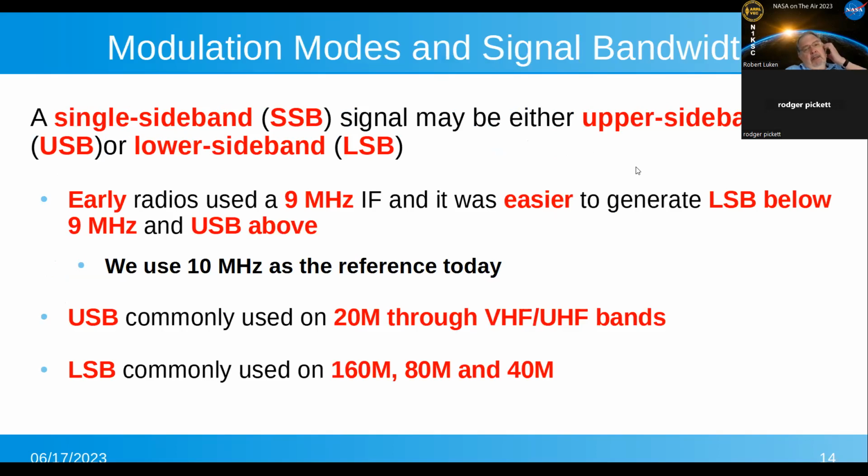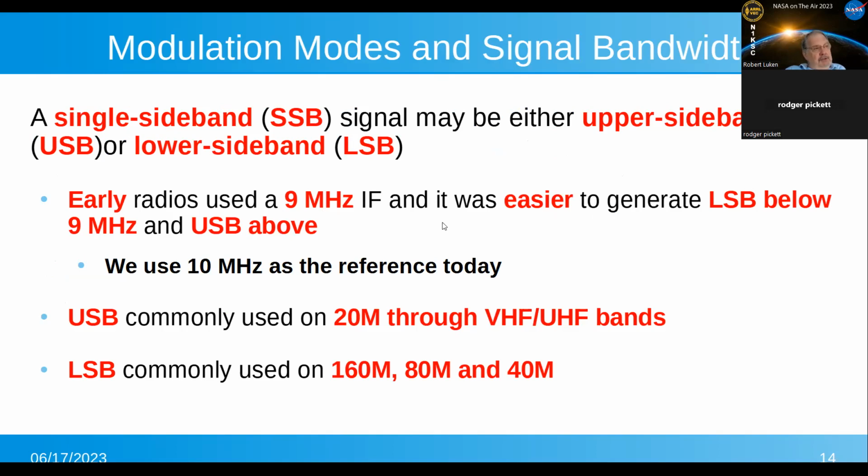Okay, single sideband can be upper or lower. When they first started, they tended to use a 9 megahertz intermediate frequency. So it was easier to generate a lower sideband signal when you were operating on a band below 9 megahertz and USB above.